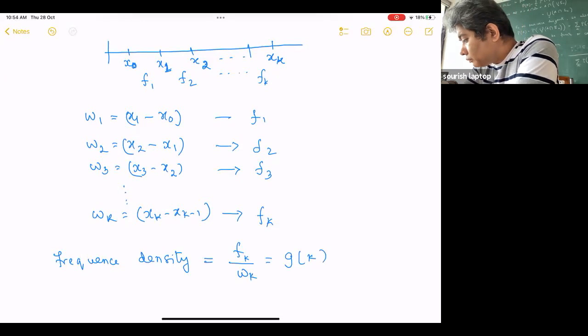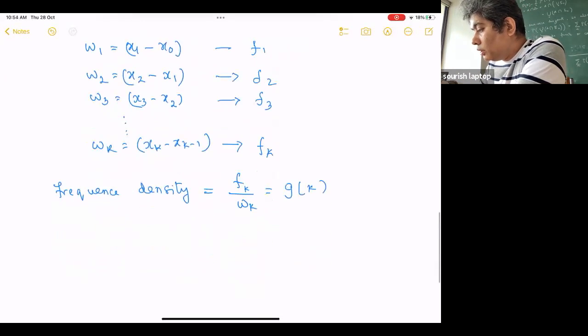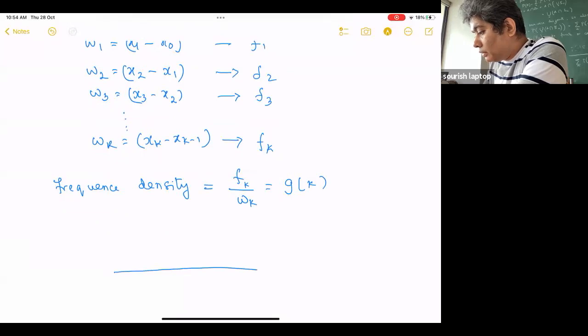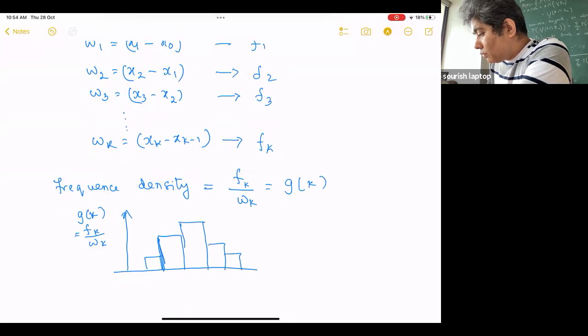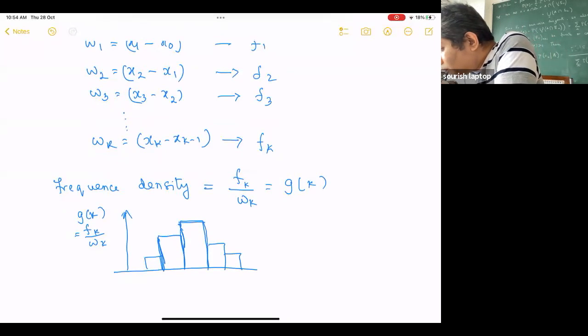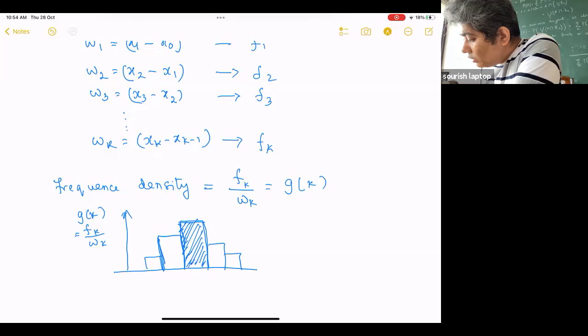If you plot frequency density on the y-axis, which is basically fk by Wk, can you tell me what this area will be representing?